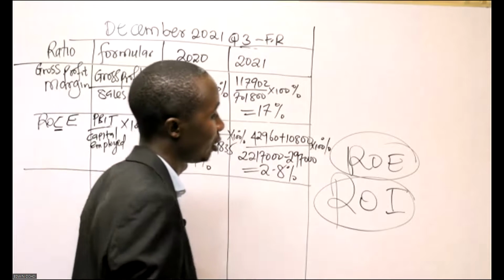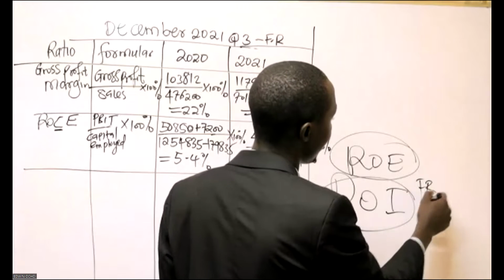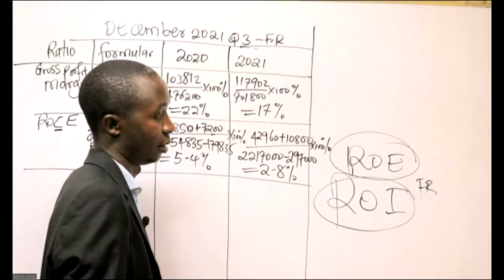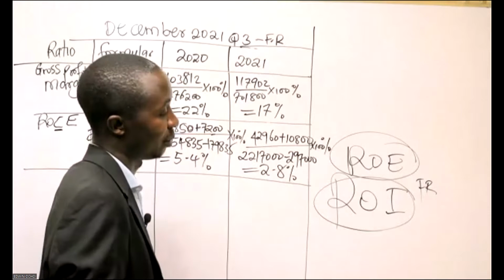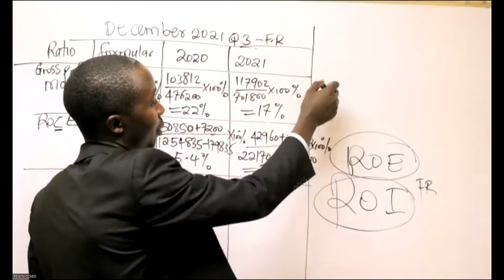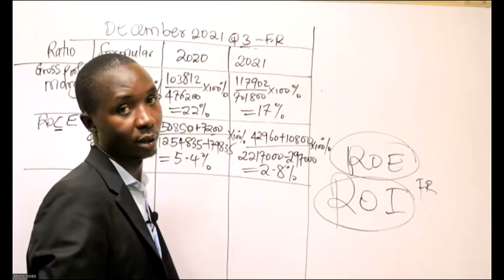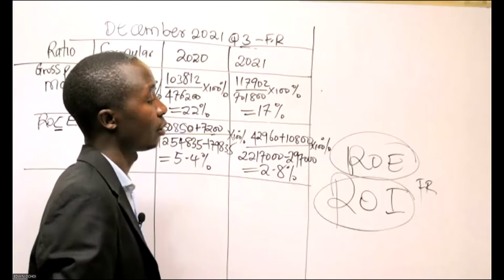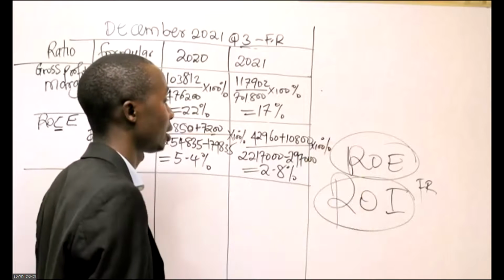But is this what we are doing here in FR, or is it more of FM? Is it in the last part of the categories of ratios? Remember we talked about various categories of ratios. This one lies under which category?